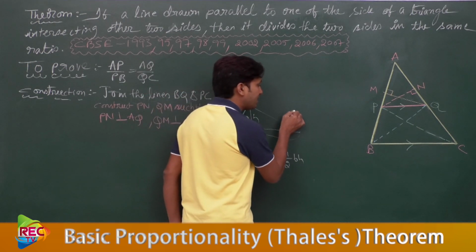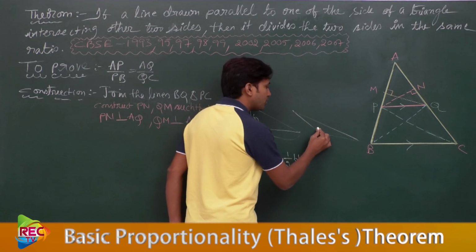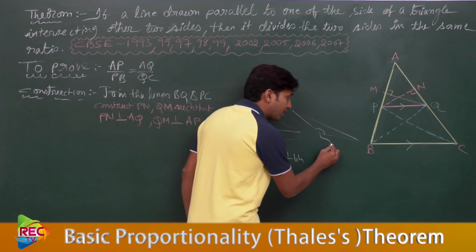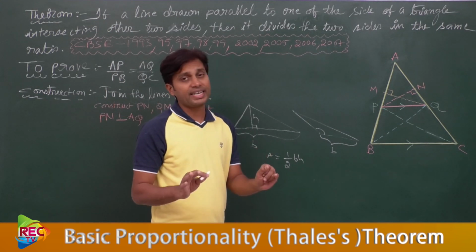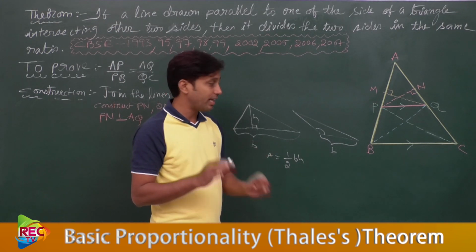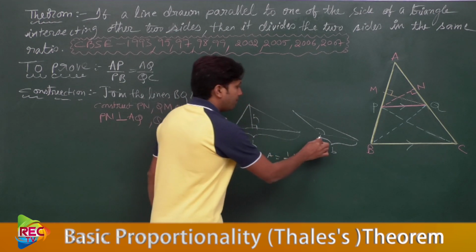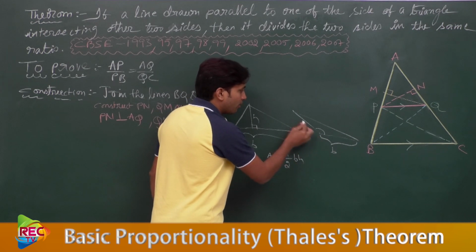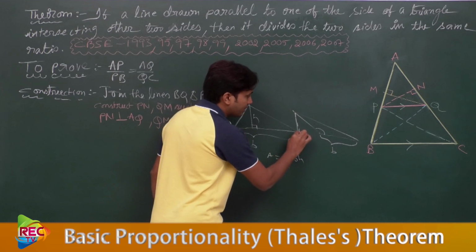Similarly, if you consider an obtuse angle triangle, you can consider any one side as the base. So base and height for an obtuse angle triangle: the height will be drawn outside.